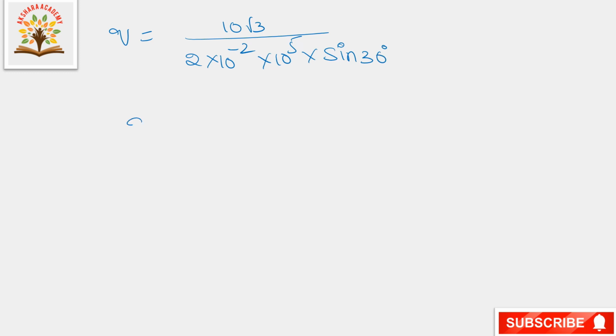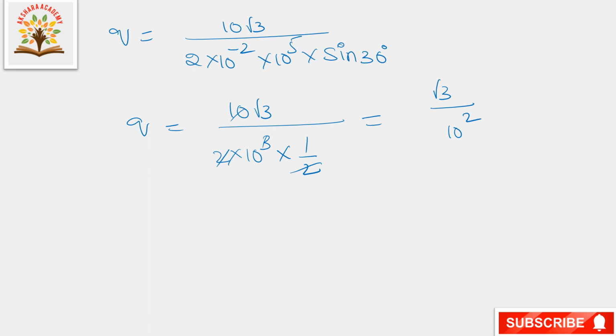So q is equals to 10 root 3 by 2 into 10 cube into sine 30, 1 by 2. 2 gets cancelled. So this is equals to root 3 by, here 10 cancels, it remains 10 square. So this can be written as root 3 into 10 to the power of minus 2.